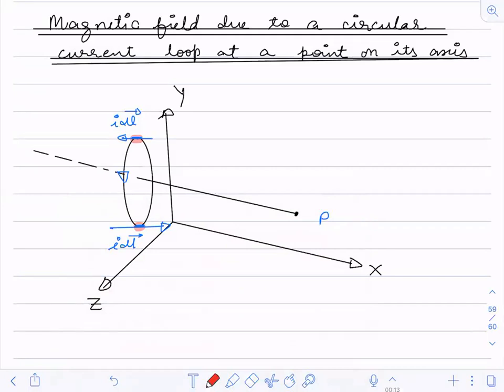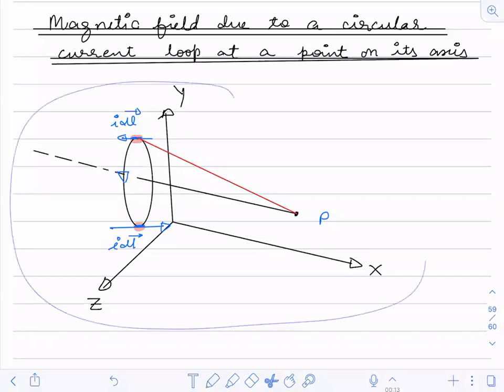So what is the position vector now? If you can visualize it, the position vector would look somewhat like this.